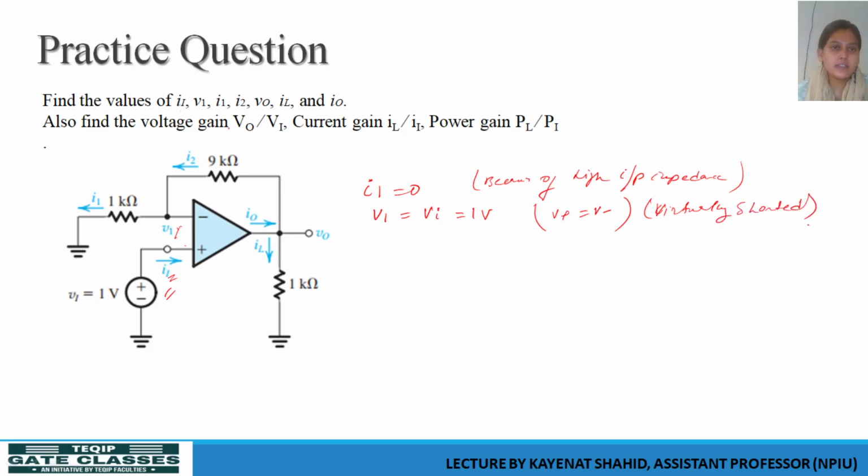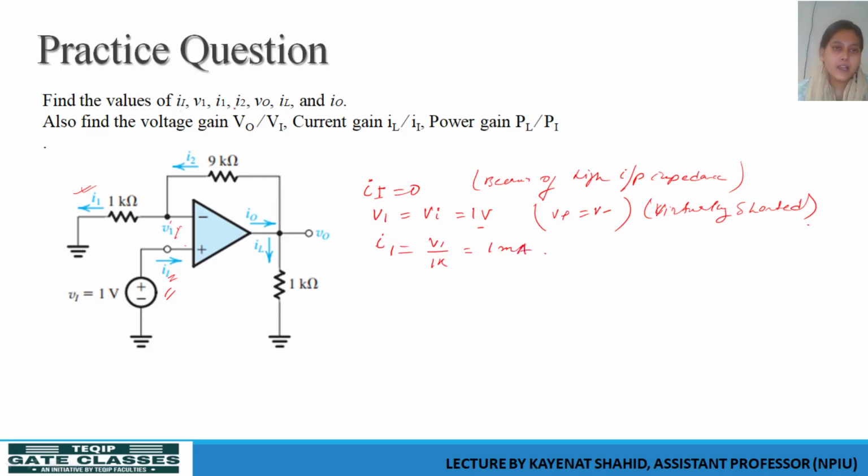Another thing is, sorry, this is Ii, which is 0, and I1 is this current. If this V1 is equal to 1 volt, then I1 is V1 by 1 kilo ohm, which is nothing but 1 milliampere.